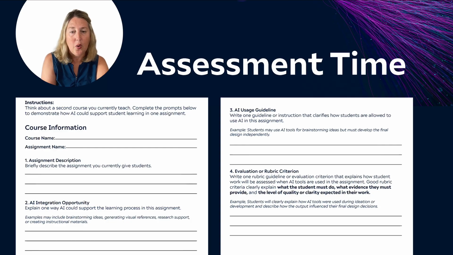Finally, write one rubric, guideline, or evaluation criterion that explains how student work will be assessed when AI tools are used in the assignment. Remember, good rubric criteria clearly explain what the student must do, what evidence they must provide, and the level of quality or clarity expected in their work.